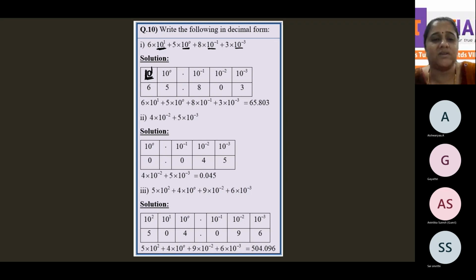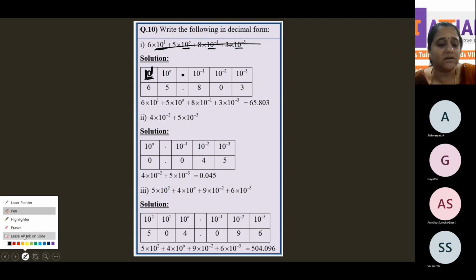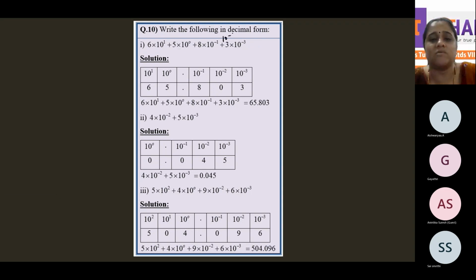You start with 10 to the power 1. Now write everything after this: 10 to the power 1, 10 to the power 0, decimal point, 10 to the power minus 1, minus 2, minus 3. You must write everything. It's not that we don't have 10 to the power minus 2 here, so why should we write this?